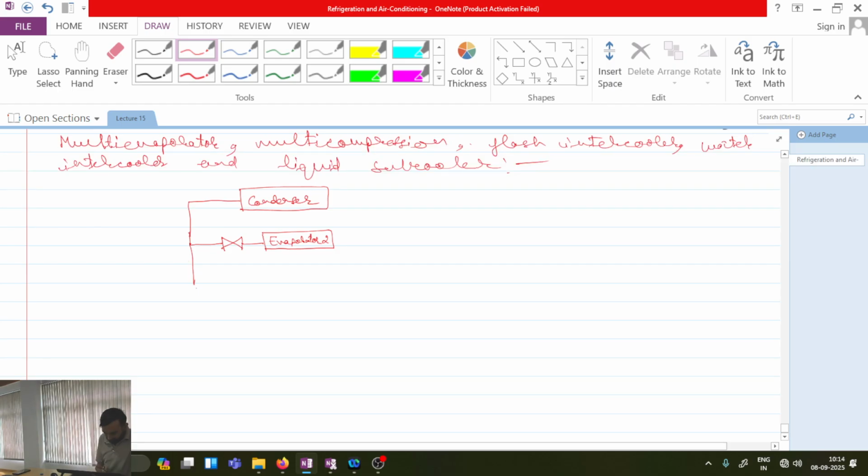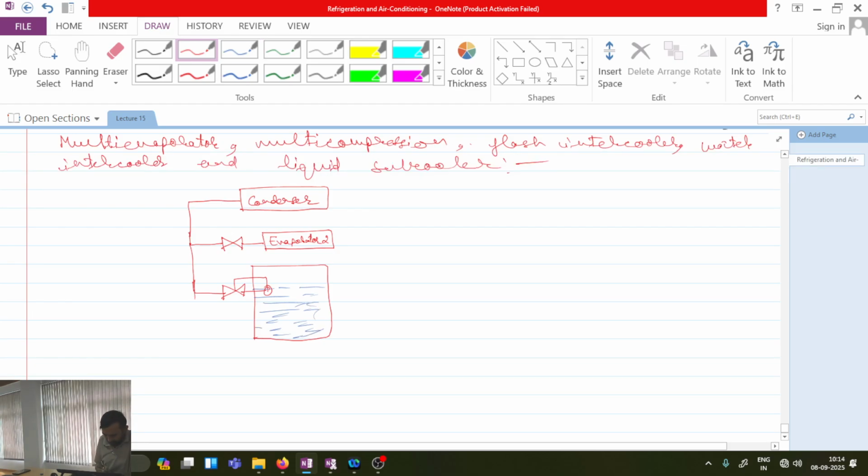For using a flash chamber, I have to use a float type expansion valve. Here I will be having liquid, and at the top I will be having vapor.